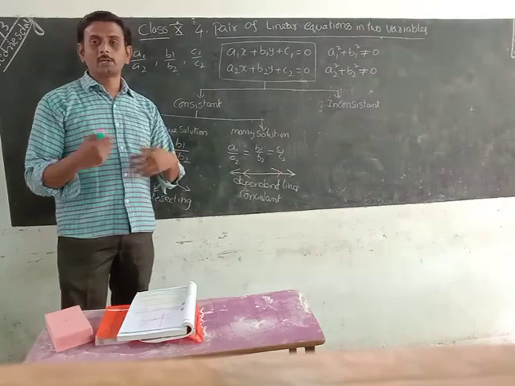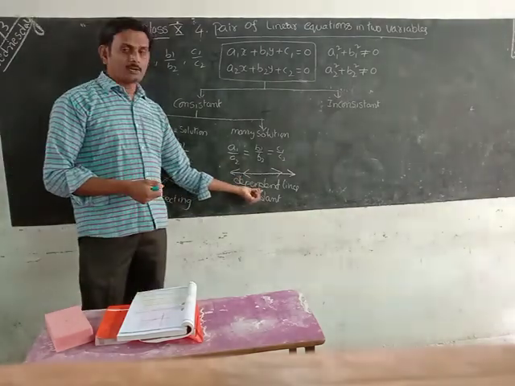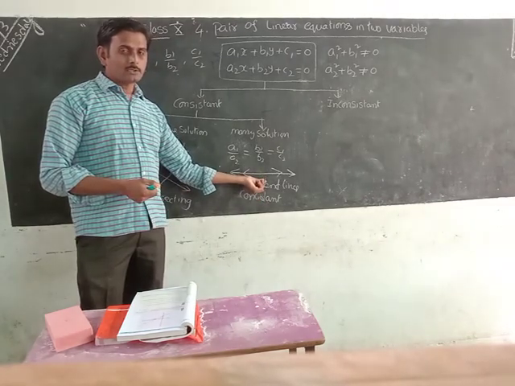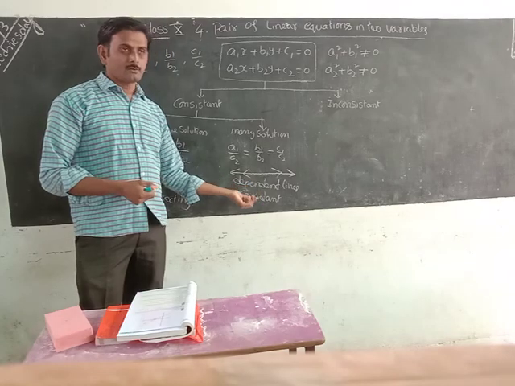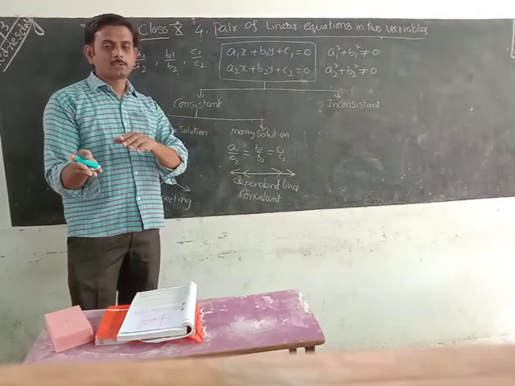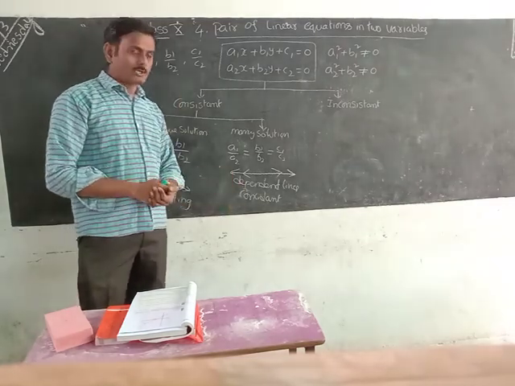Many means infinite solutions. Coincident lines can be called dependent, that means they depend on each other. The first one depends on the second, and the second on the first.